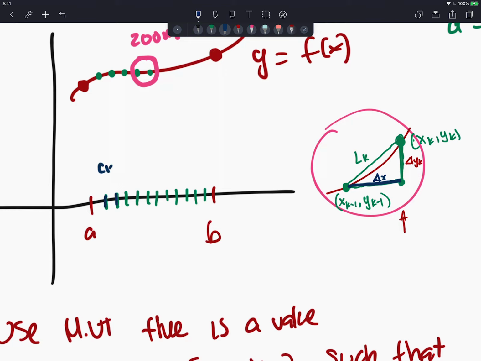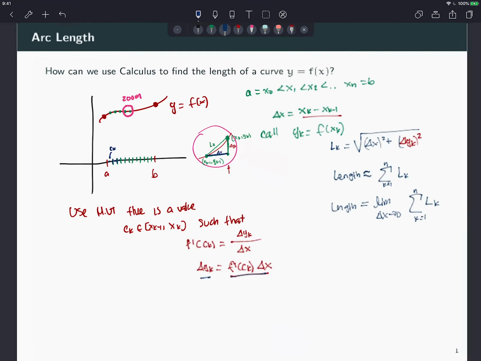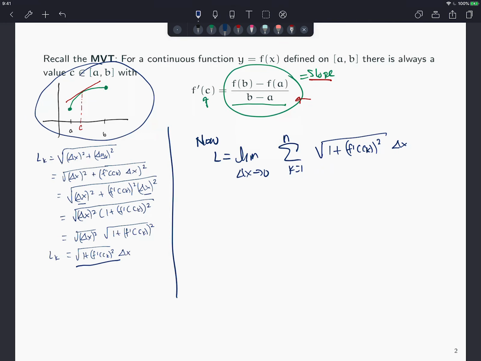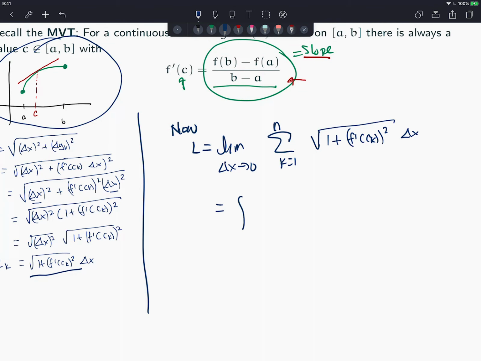I'm picking a ck on each one of these, evaluating it there, right? And if I take the limit as the delta x go to 0, that's exactly when this becomes the integral from a to b of the square root of 1 plus f prime. I don't put the ck's anymore. You think of it like f prime of x squared, it's still the quantity squared, dx. So this is the formula we want for the length of a curve.